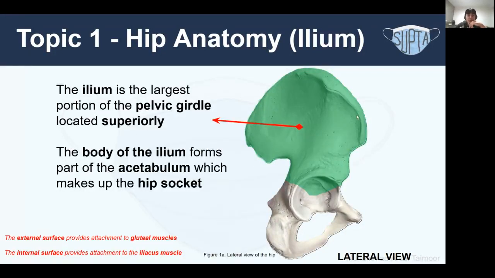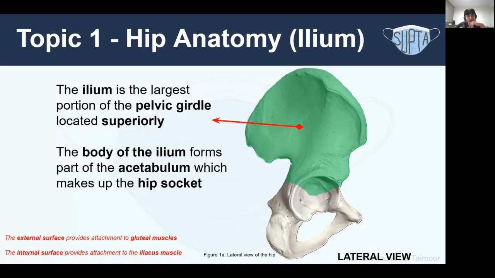Like I said, it's the largest bone. It's located more superiorly than the rest of the bones, so you should just remember that it's the largest bone and it's located superiorly. You've got the wing of the ilium, which, if you can see my mouse, I'm hovering around the main portion of it.